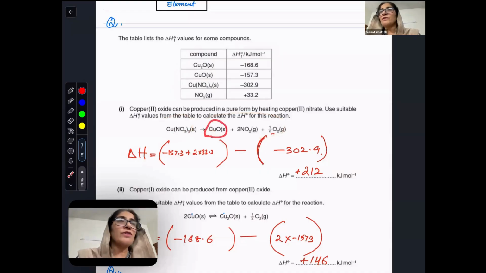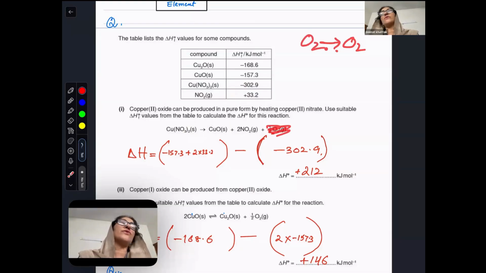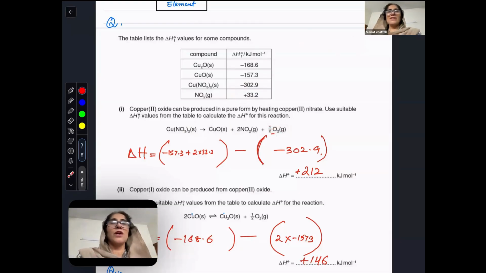Copper oxide: 2 times, because 2 moles. Would there be any change if you are making O2 from O2? No, it's the same. So the enthalpy change of formation of oxygen, we say 0.